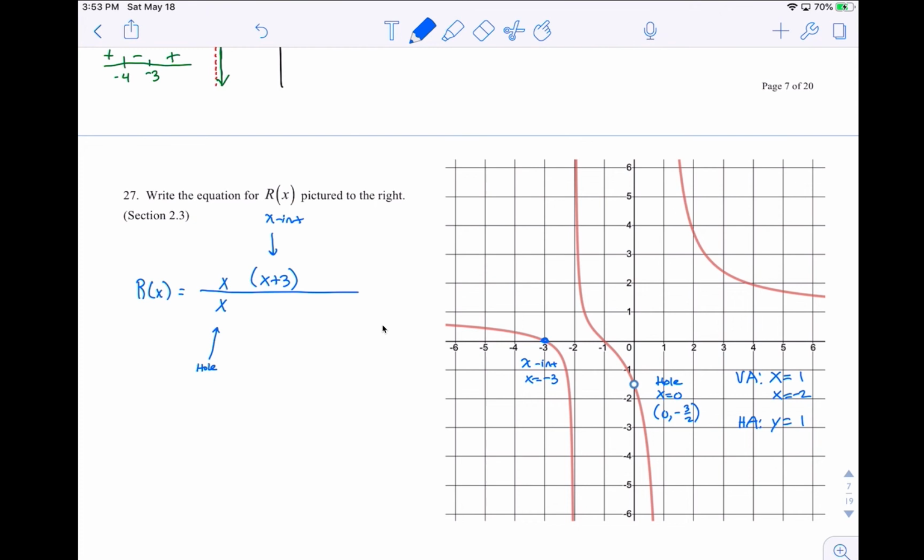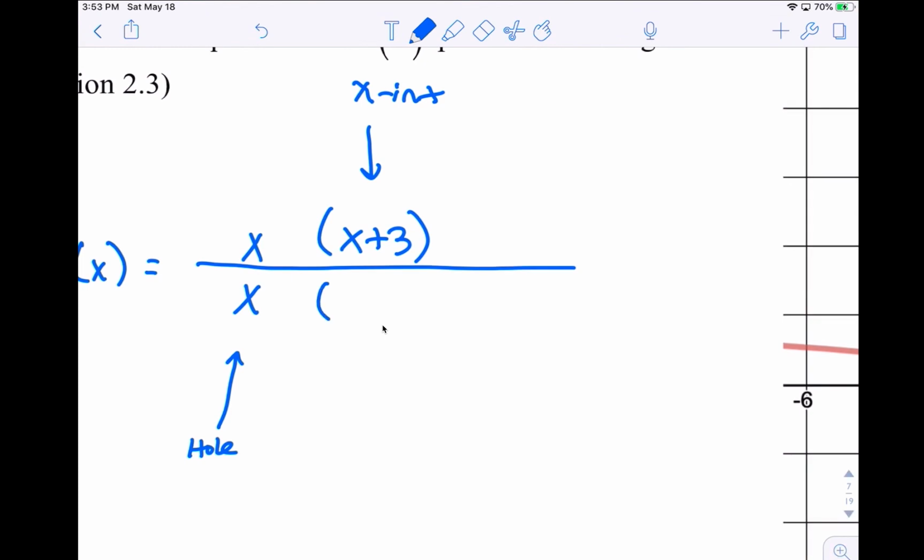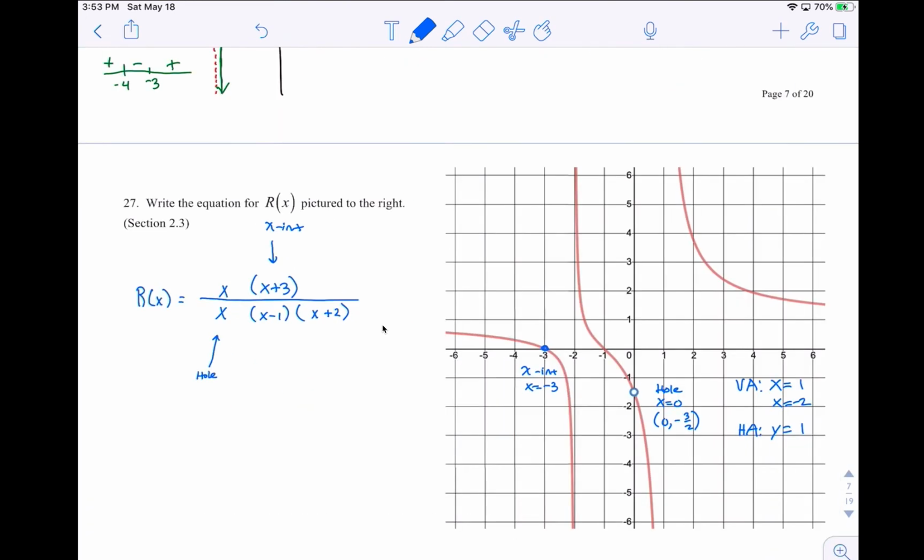And then it looks like you have asymptotes there at 1 and negative 2, so that's going to go on the bottom. So x minus 1, x plus 2. Okay, now it says that there's a horizontal asymptote there at 1.